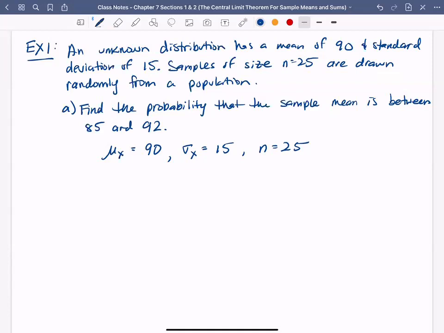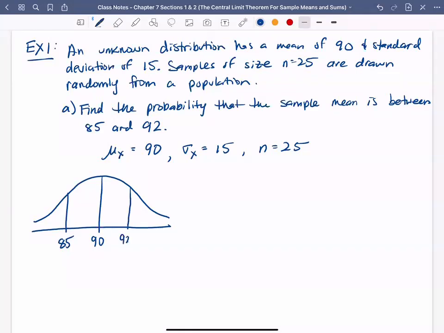So as we look at this, we have 90. And we know that we want it between 85 and 92. So 85 and 92. We want this in between. So first, let's find our z-scores, and then we can find our probability.